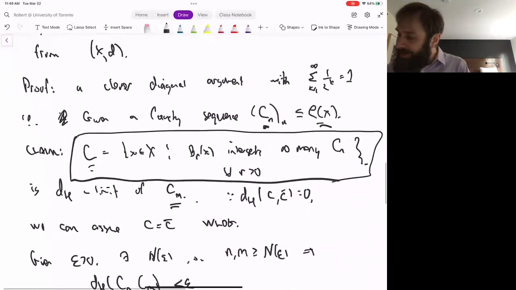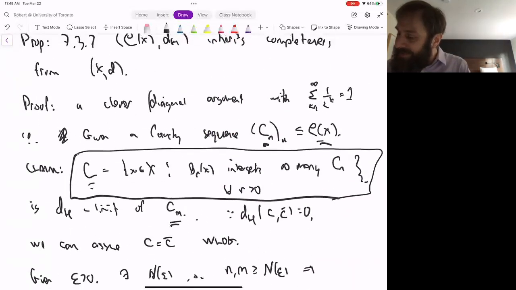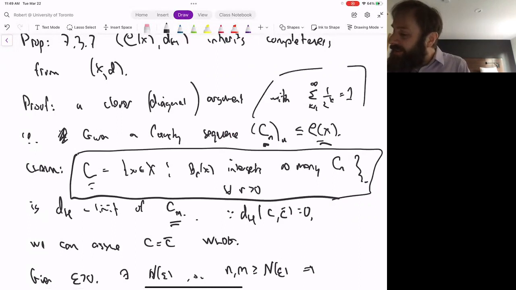It's only the second point. So maybe it doesn't require a diagonal argument. It's a clever Cauchiness argument based on the fact that you can sum a geometric series.